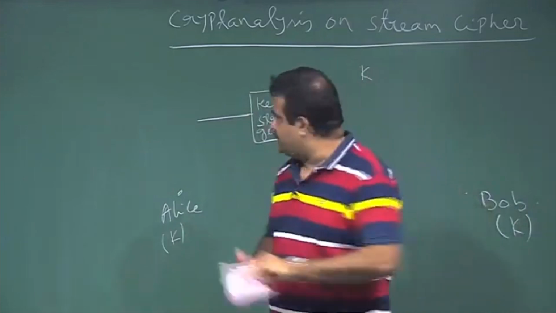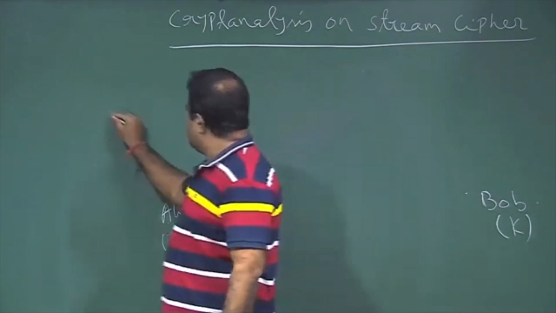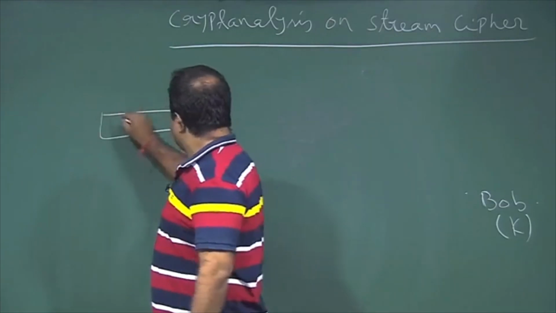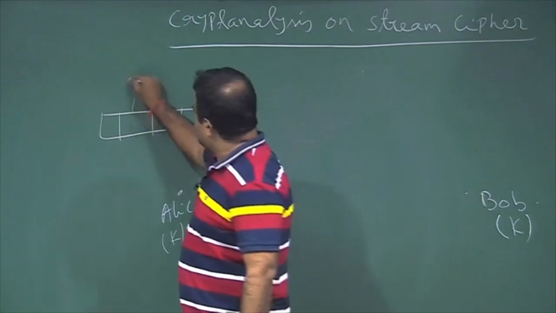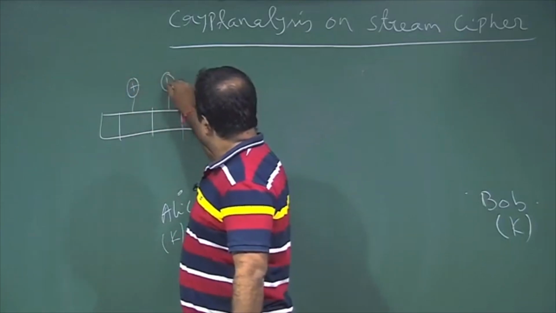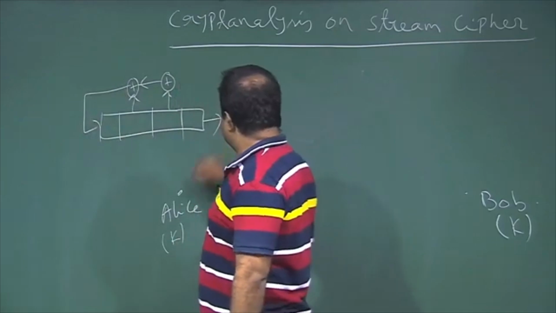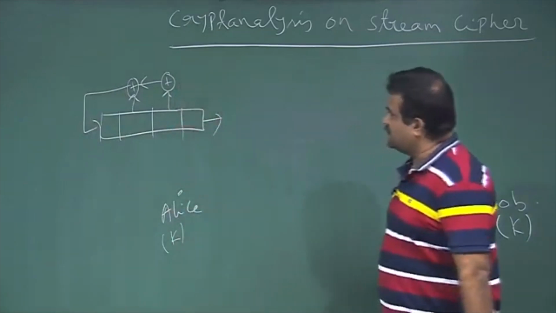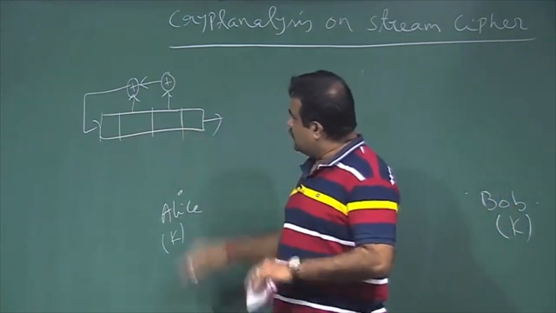Now, if it is LFSR based stream cipher, then we have an LFSR. Say, for example, we have a 4-bit LFSR, and depending on the polynomial we have some connections, and this is the state transition. This is the way it changes the state.